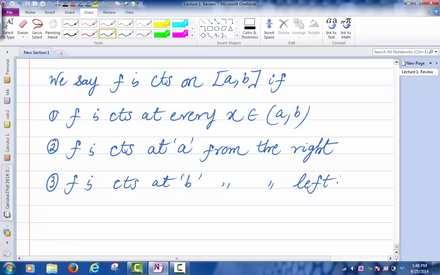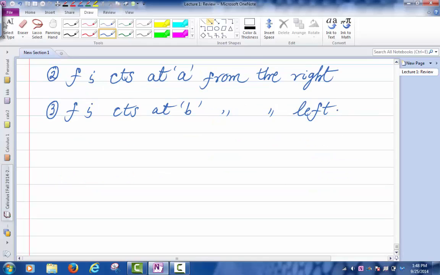The thing is, if I have a function on an interval from a to b, maybe the function is not defined outside of a, b. And in that case, if I say that the function is continuous there, it would mean that it's continuous at the end points only from right or left. Okay?